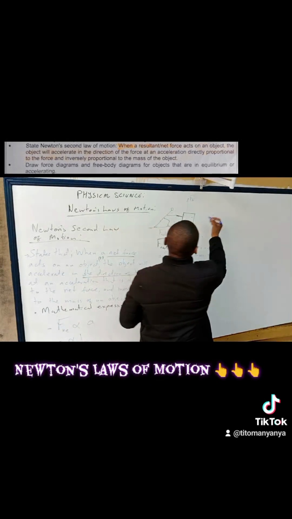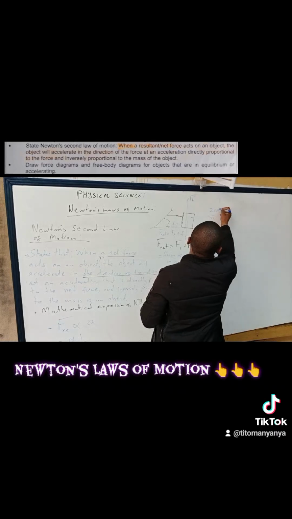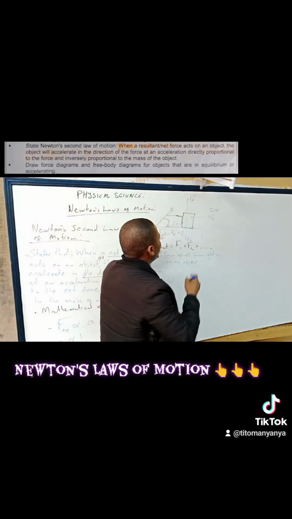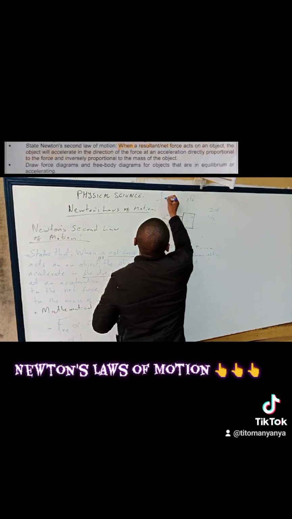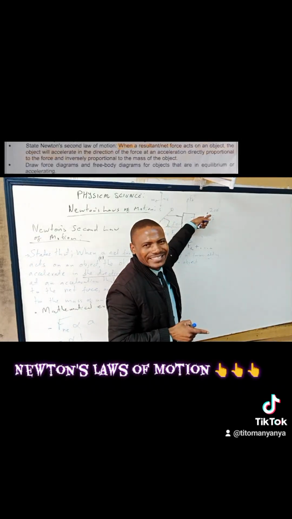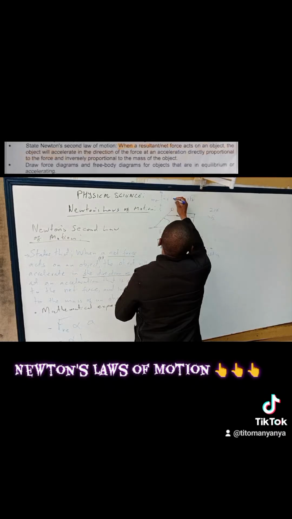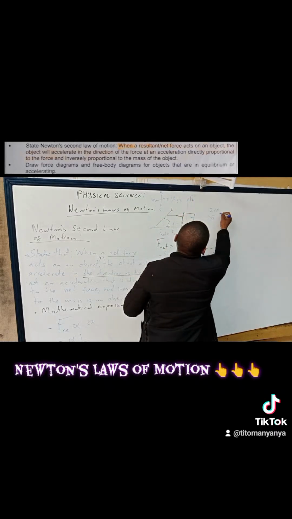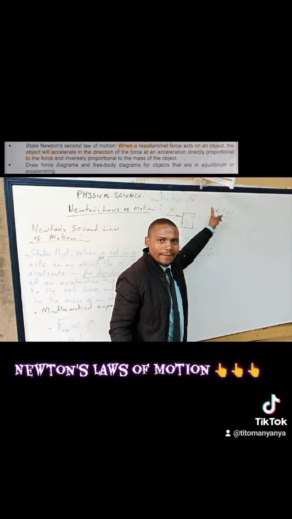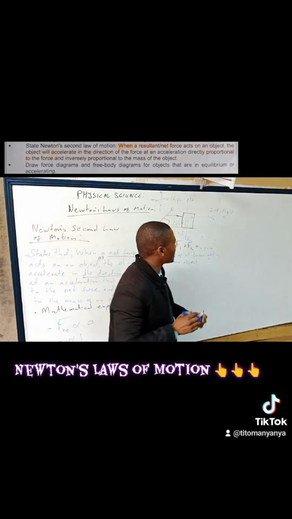Let's say this force is 20 newtons. That's the magnitude. In terms of direction, this is east, west, north, and south. If this object is moving in an easterly direction, towards the right, my arrow there means direction, and my 20 newtons there means magnitude, the size.